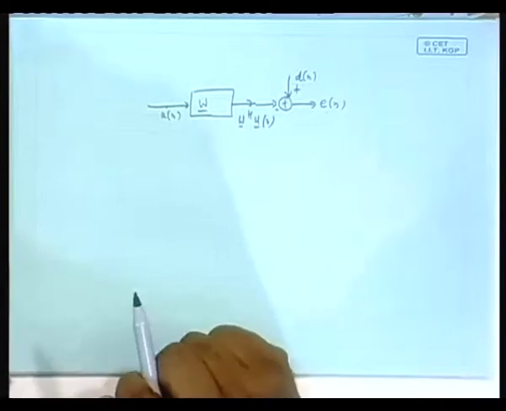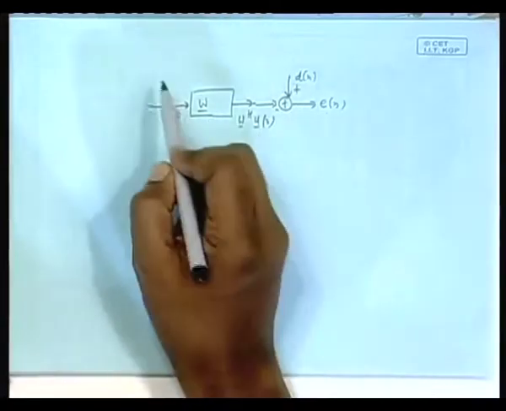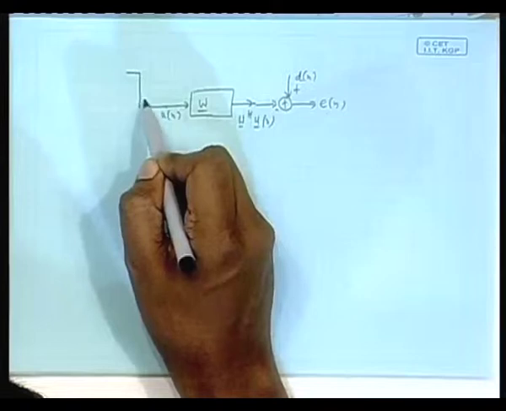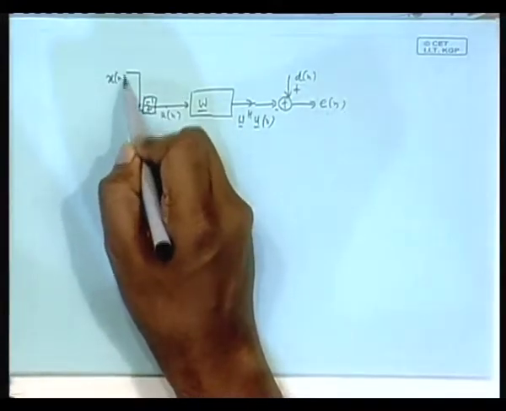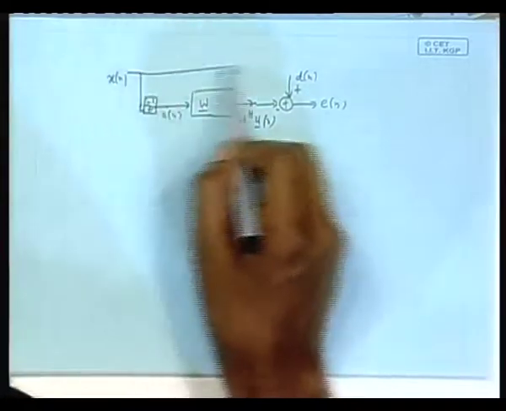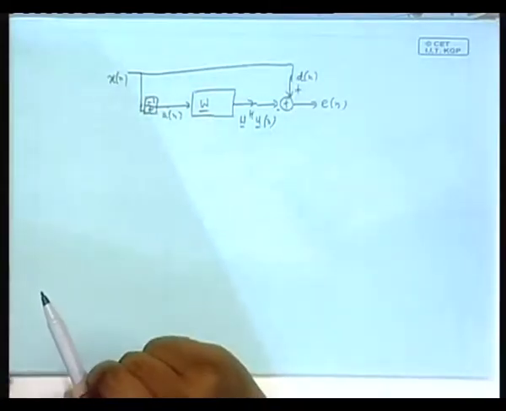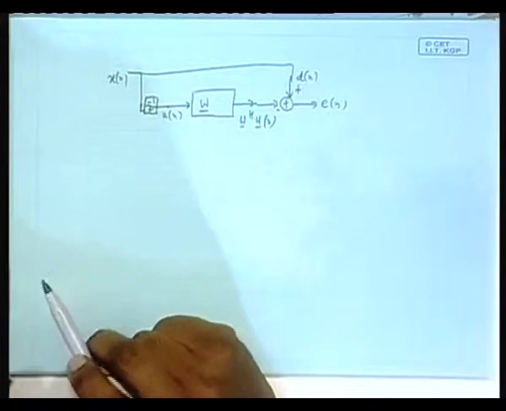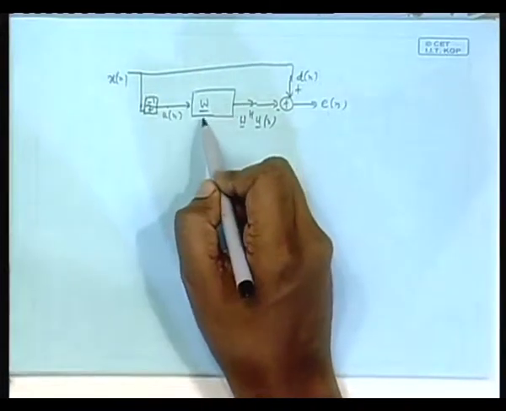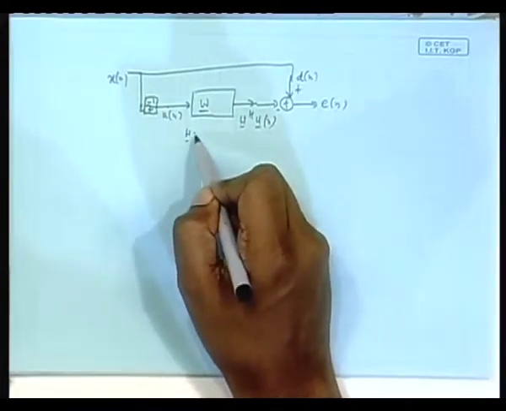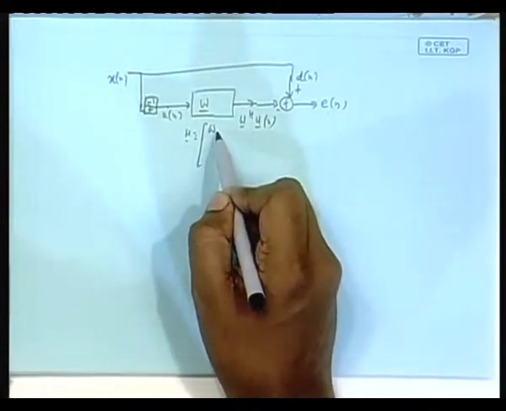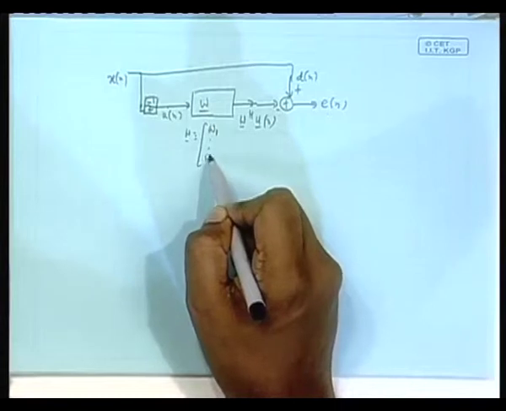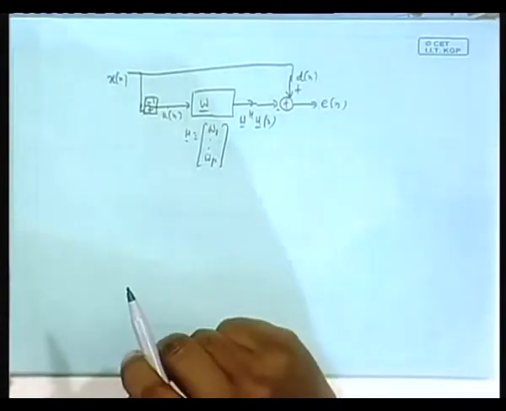Now, we will consider a particular case where this Un is coming from one signal xn with a delay, and this is coming directly here. Suppose we have W, say in this case, let us put W1 to Wp, not W0, so p coefficients.